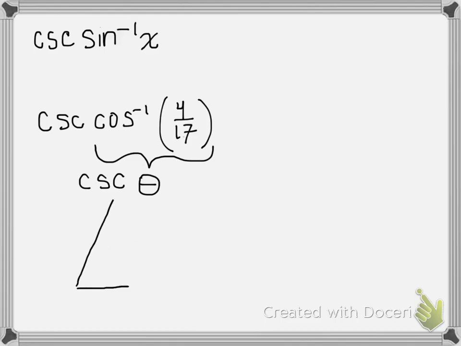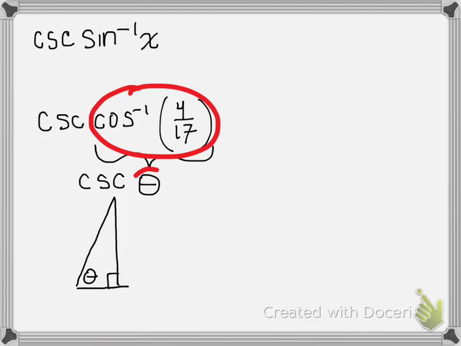Let's go up higher like that. Maybe that's a little bit closer. And so I'm calling this angle theta. If I put that into a right triangle, the adjacent over the hypotenuse would be 4 over 17.